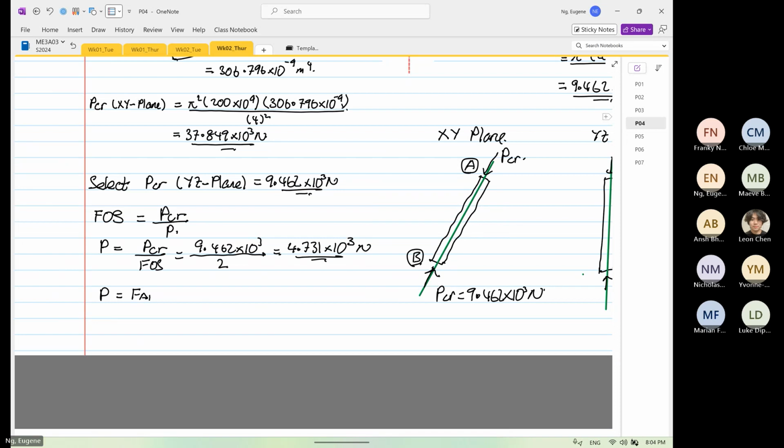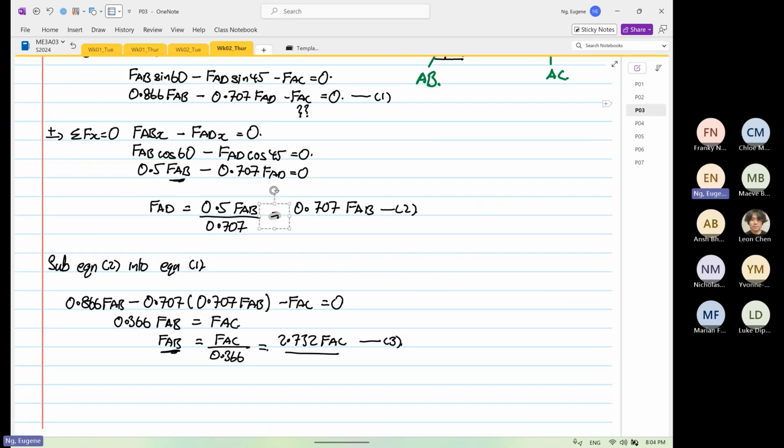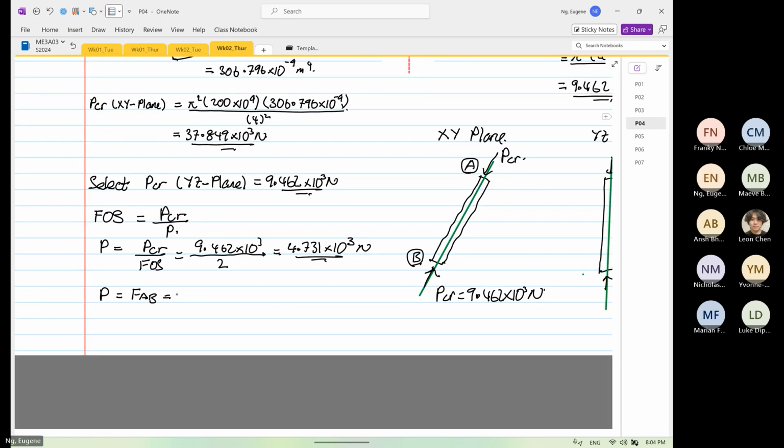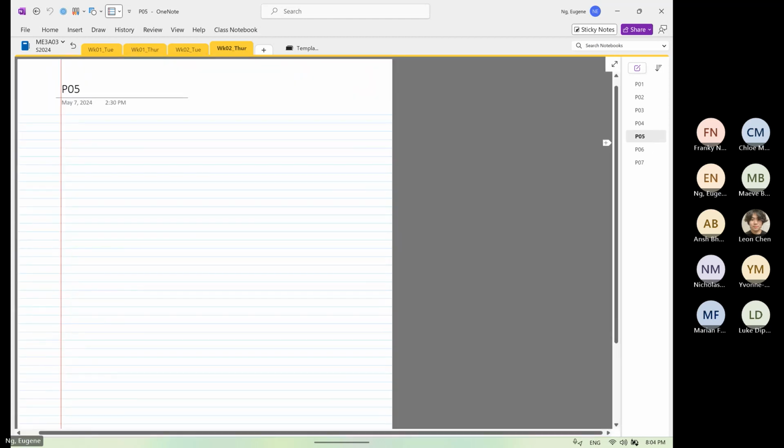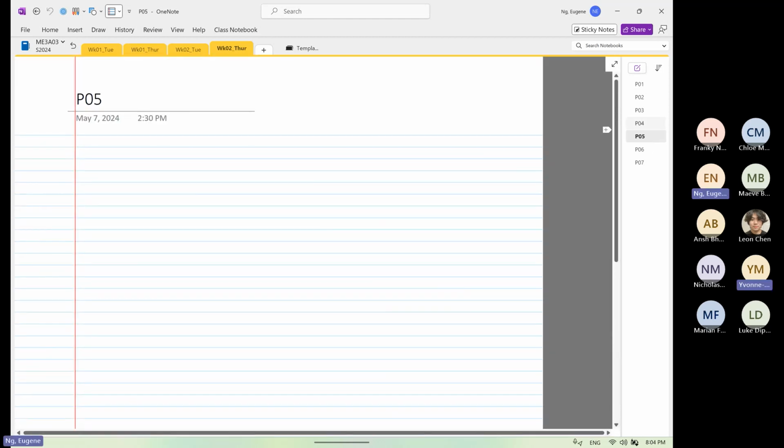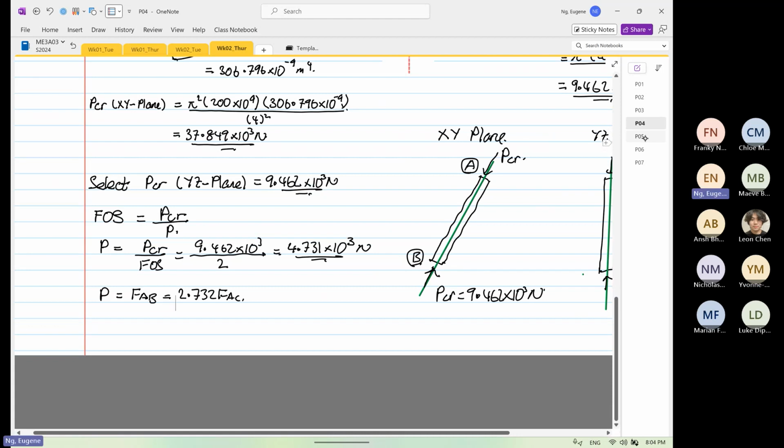And this will be equal to 2.732 FAC. So therefore, FAC is equal to 4.731. Let me write on the next page.